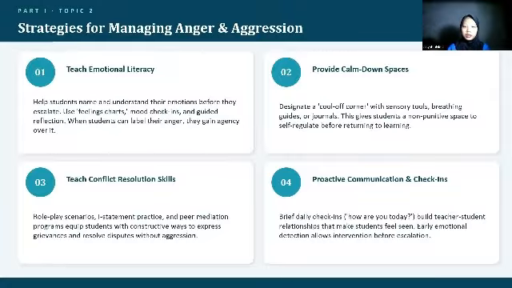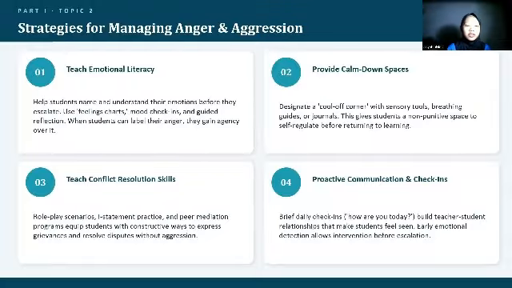Provide a calm-down space. Designate a cool-off corner with sensory tools, breathing guides, or a journal. This gives students a non-punitive space to self-regulate before returning to learning.